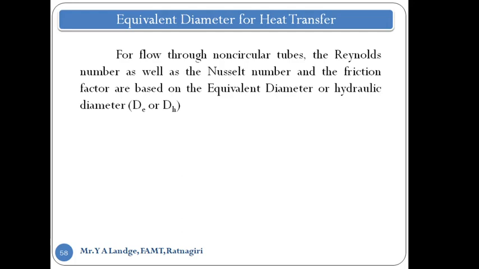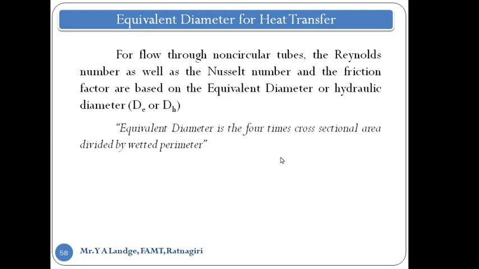Whether you are calculating the Reynolds number, the Nusselt number, or the friction factors, everywhere we first need to calculate the equivalent diameter, also called the hydraulic diameter, and the notation is d suffix e or d suffix h.